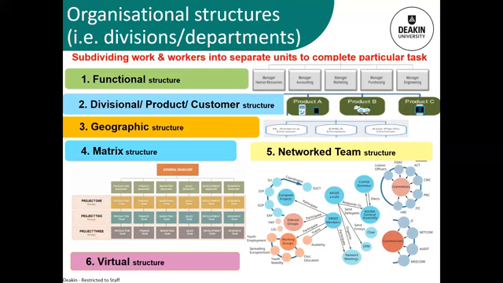So an example might be if you're running a large department store like Myers, you'd have people in the shoe department and other people in the electrical appliances department, because you've got experts in selling shoes and experts in selling appliances. So people are organised together based on the product.